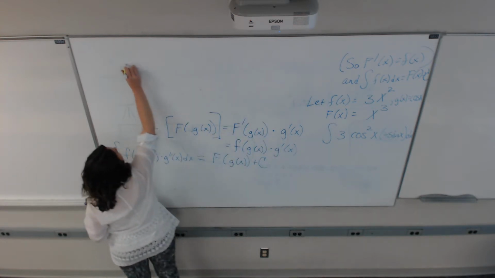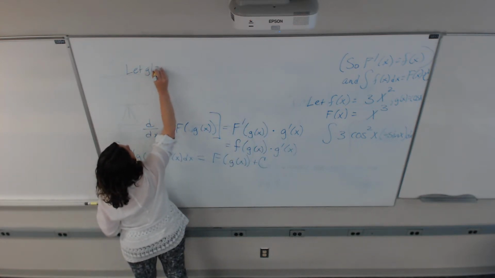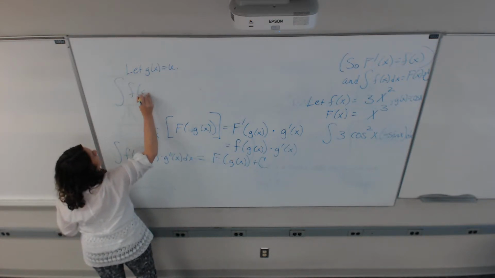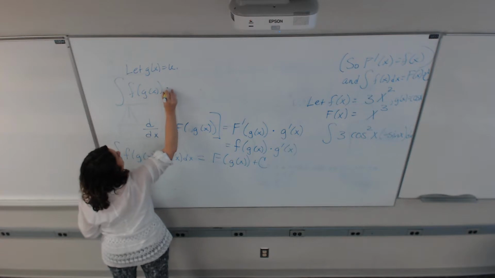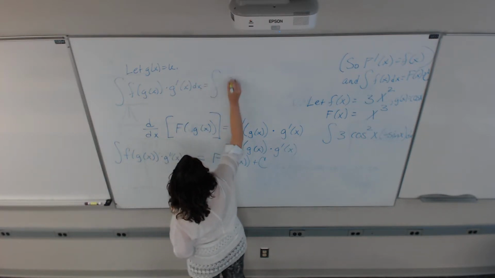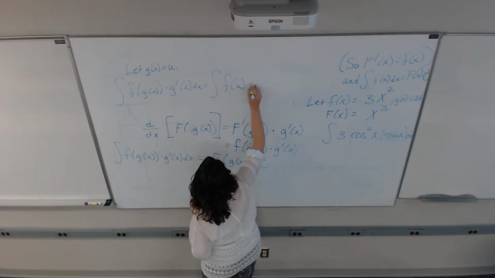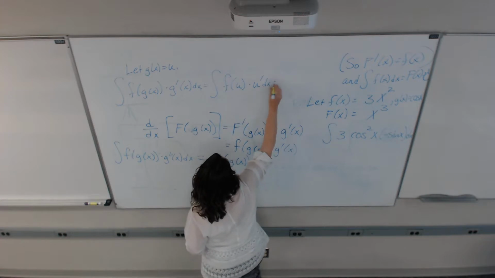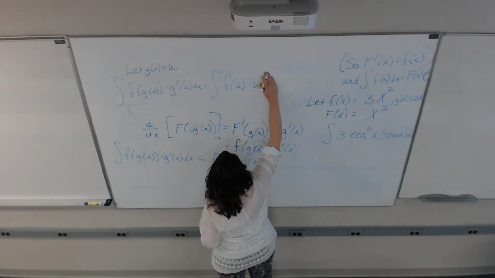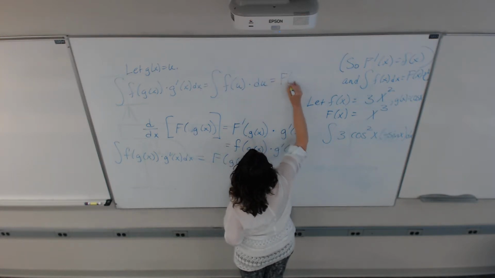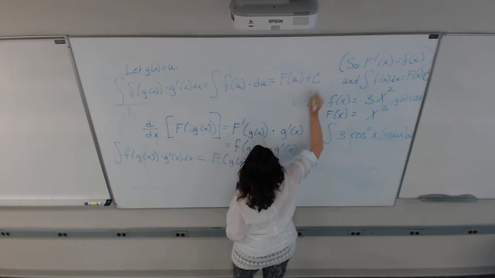So I'm going to let g of x equal u, and then the integral of f of g of x times the derivative of the inside can be written as f of u times u prime dx, or u du, du dx, which becomes f of u up to a constant.